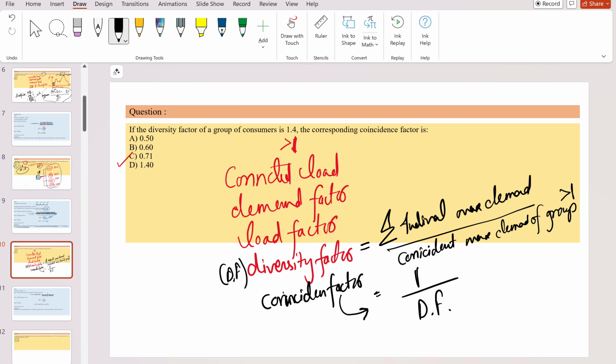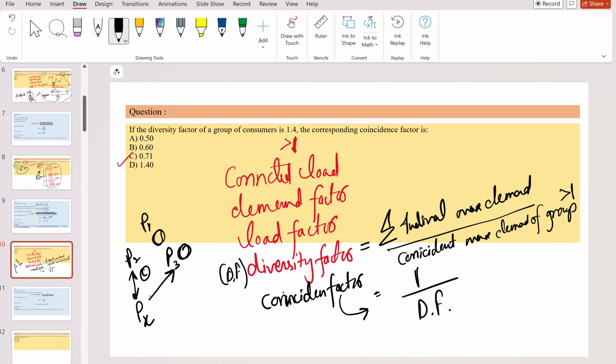This gives a measure of how much individual demands are actually coinciding with the maximum demand of a group. Suppose you have 3 houses with maximum demands P1, P2, P3, and their coincident maximum demand is Px. It checks how much difference there is between Px and P2. If Px is equal to P2, it is coinciding with the maximum demand of that particular house.